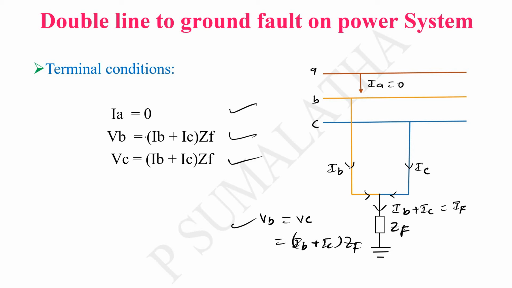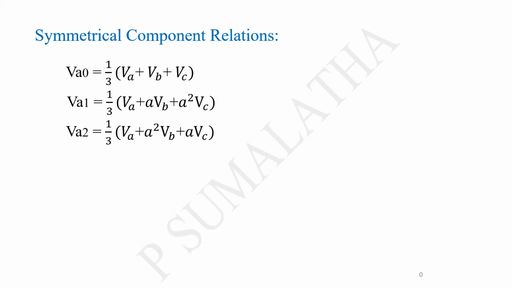For which parameter do we need to find the sequence components? We know two relations for the voltages, so we will find the sequence quantities with respect to voltages. And we know these relations very well. VA is VA, and VB is equal to VC. So VA0 can be represented as 1 by 3 into VA plus 2 VB, because we know VC is equal to VB.